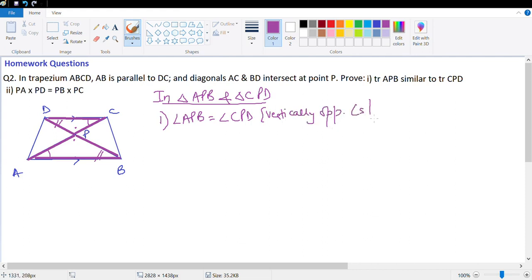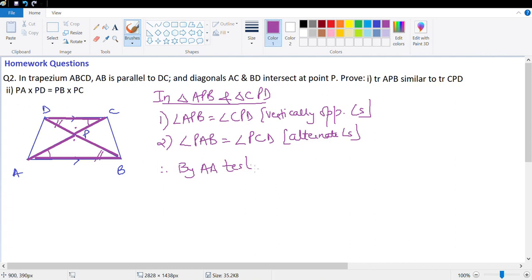Point number 2, we have angle PAB is equal to angle PCD, reason alternate angles. So now that we've got two angles equal, we can say therefore by AA test, triangle APB is similar to triangle CPD, hence proved. That was the first part of our question.